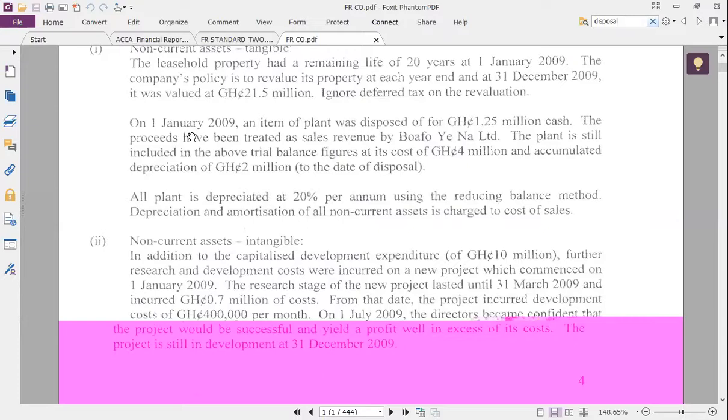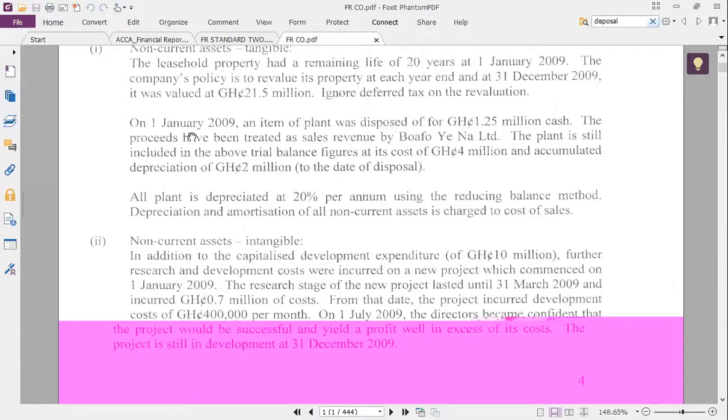If it's by cheque, add to bank balance. The proceeds have been treated as sales revenue by Boafo Yena Limited. The plant is still included in the above trial balance figures at cost 4 million and accumulated depreciation 2 million.